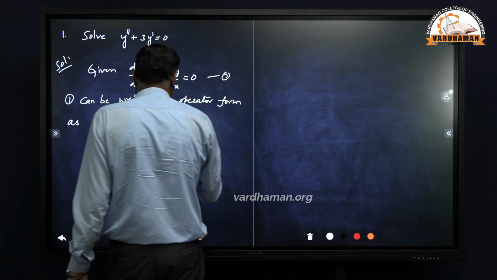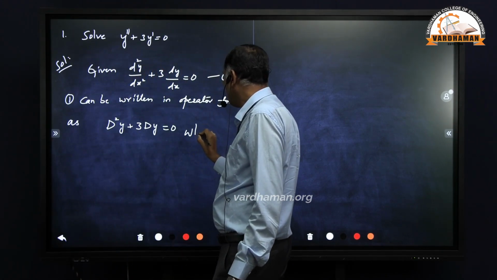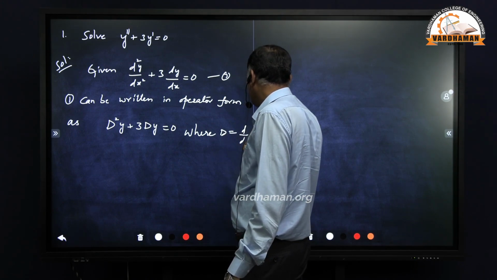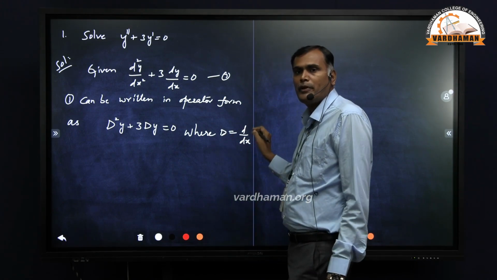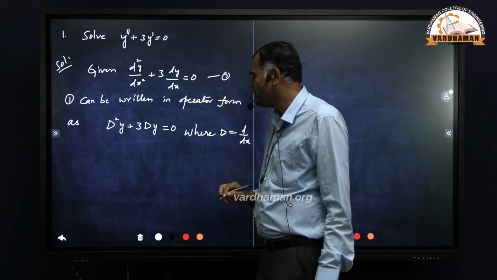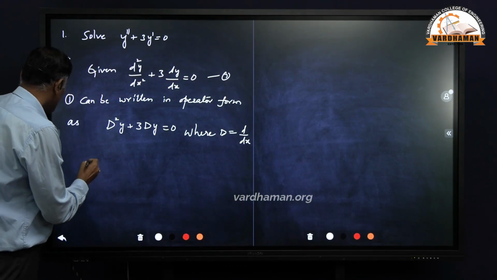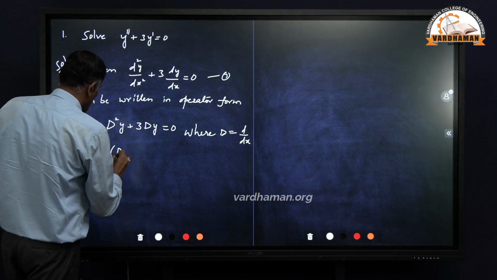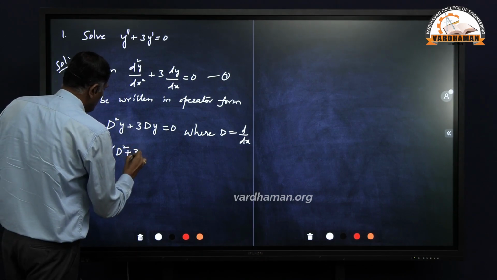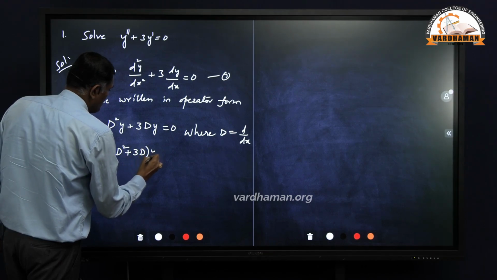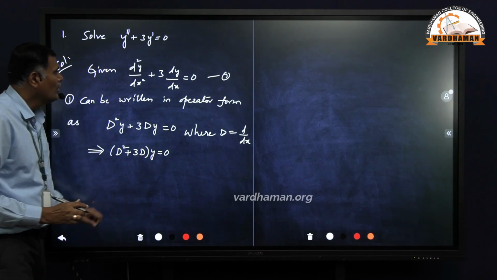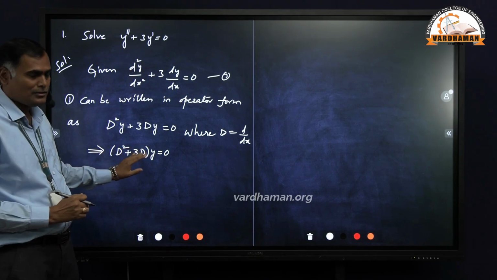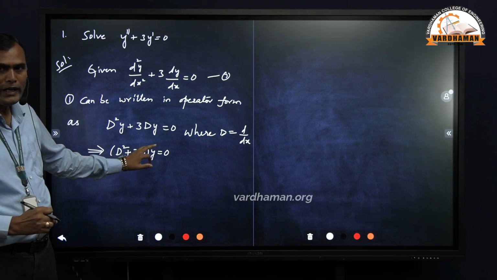Where capital D is nothing but d by dx. This is called the differential operator. Now let us simplify this. This can be written as D square plus 3D into y equals to 0. Now we have expressed the given differential equation in operator form like this.